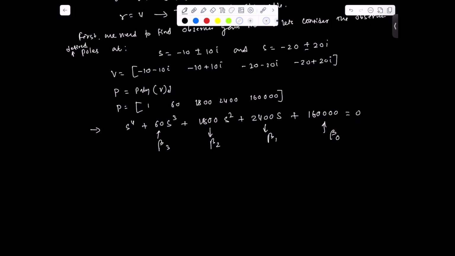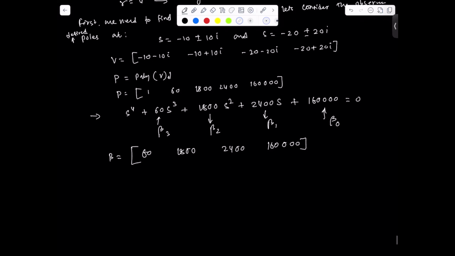So we can form the beta matrix for the observer: 60, 1800, 24000, 160000. And we already had the A matrix found: 0, minus 10.78, 0, 0.